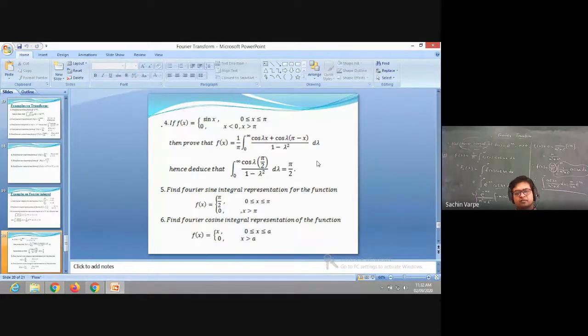If f(x) is equal to sin x in the interval 0 to pi, and it is 0 for x less than 0 and x greater than pi, then prove that this, and hence evaluate this.